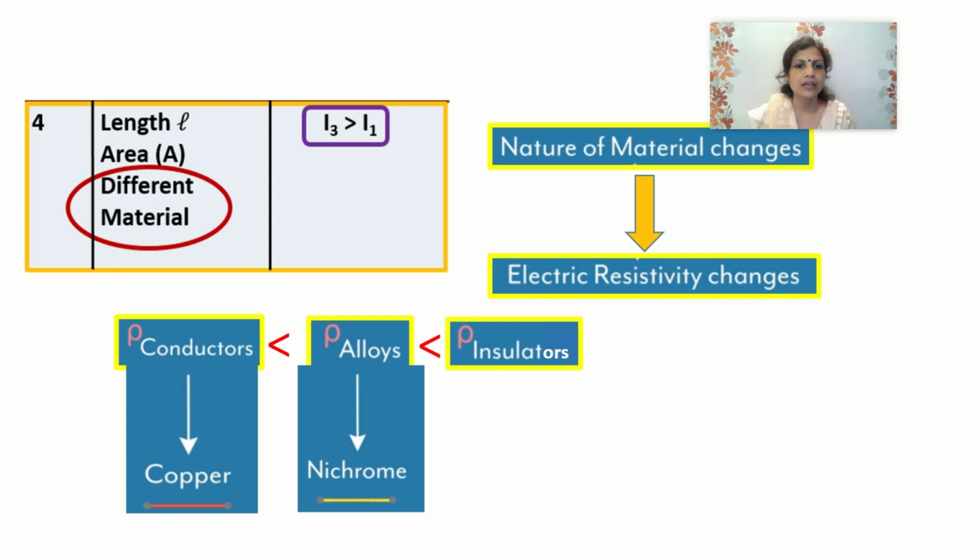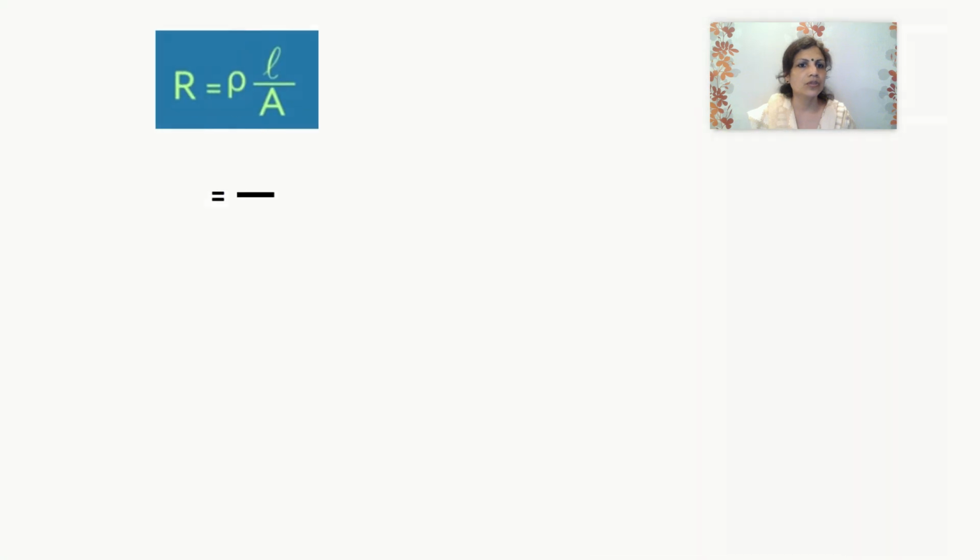So with this, let's now find out what is the SI unit of resistivity. Our formula is R is equal to rho L upon A. We know that the SI unit of resistance is ohm, the SI unit of length is meter, and the SI unit of area is meter square.